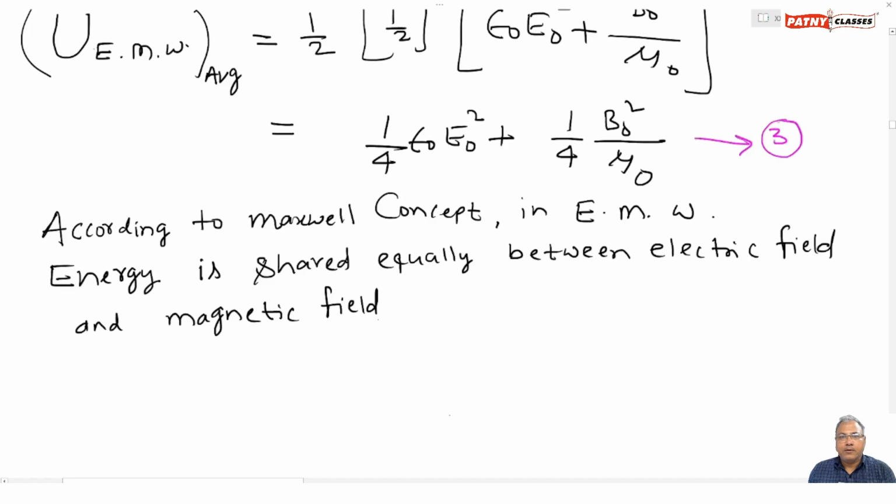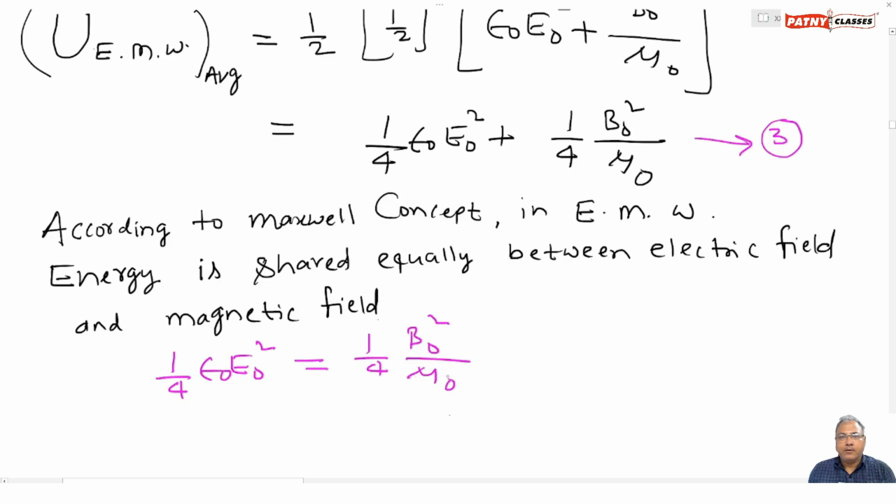One more important thing: according to Maxwell's concept, in an electromagnetic wave, energy is shared equally between the electric and magnetic field. So we will prove that 1 upon 4 epsilon naught E square equals 1 upon 4 B naught square divided by mu naught.